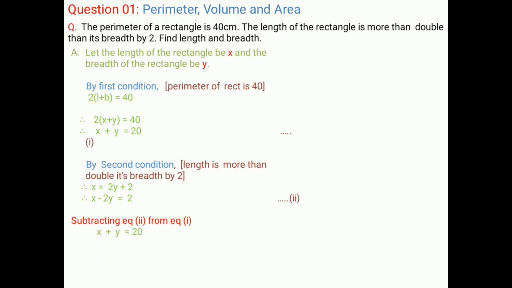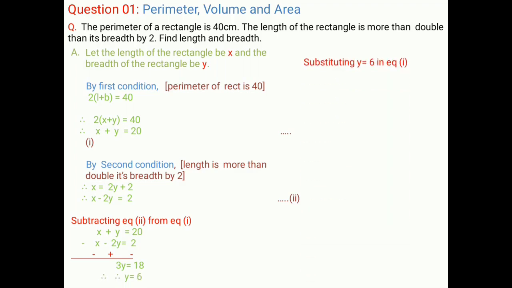Therefore, x plus y is equal to 20, minus, x minus 2y is equal to 2. Subtracting causes a change in sign in the coefficients of my second line, which makes x minus 2y as plus and 2 as minus. This gives me 3y is equal to 18. Therefore, y is equal to 6.